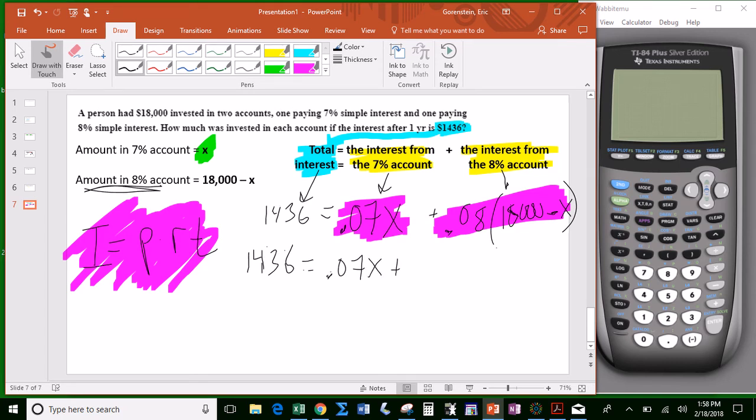should equal 0.07x plus, now we could distribute this 0.08 to both terms inside the parentheses. So if you pop that into the calculator, 0.08 times 18,000 should give you 1440. And then 0.08 times the negative x, we'll have a negative 0.08x. Okay, so now we have an algebraic equation, solve for x.